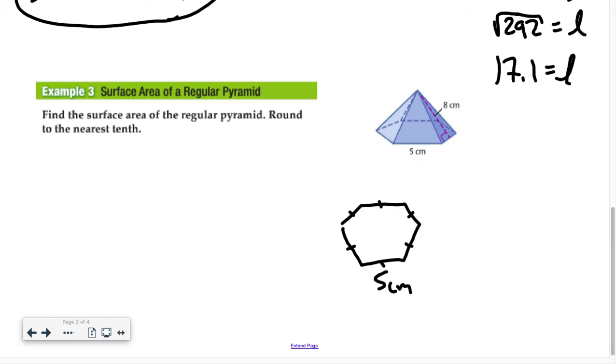So you'll want to find the area of your hexagon, which, if you guys recall, is 1/2 perimeter times apothem, or apothem times perimeter, rather. Okay, so that one's for you guys.